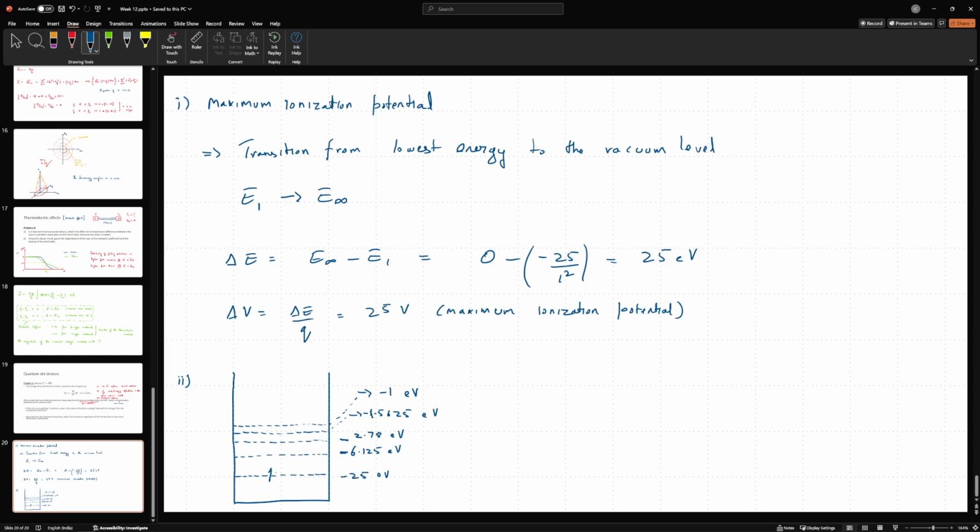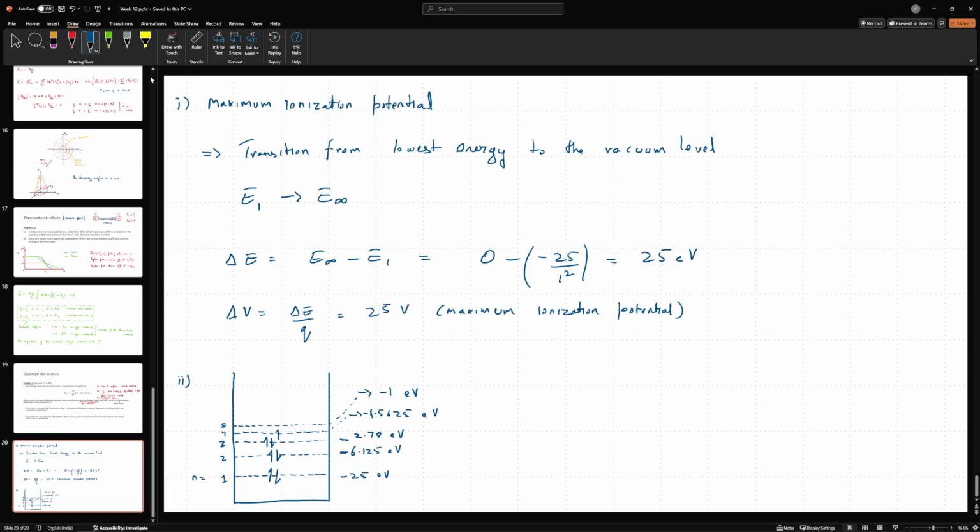So I can keep 2 electrons here, another 2 electrons here, and furthermore 2 electrons here. And the 7th electron occupies the 4th energy level. So this is n equal to 1, 2, 3, 4, and 5. At n equal to 4, the 7th electron is sitting.